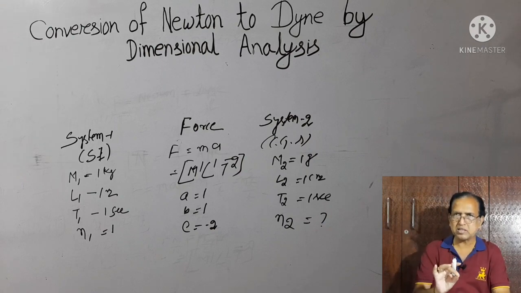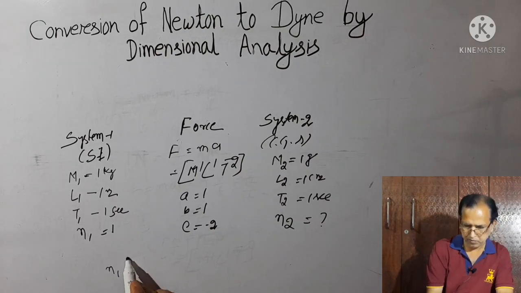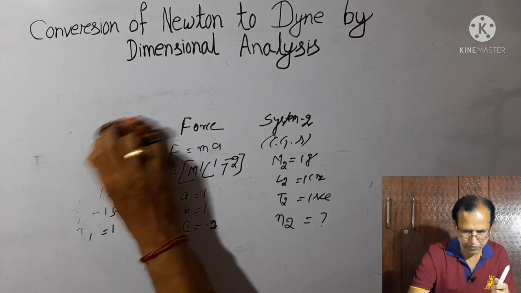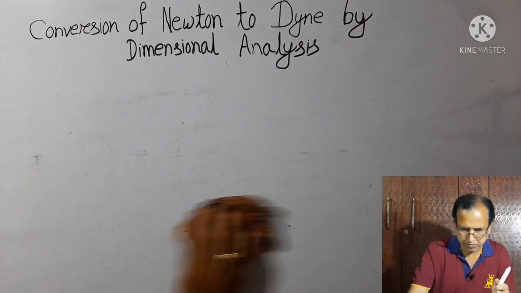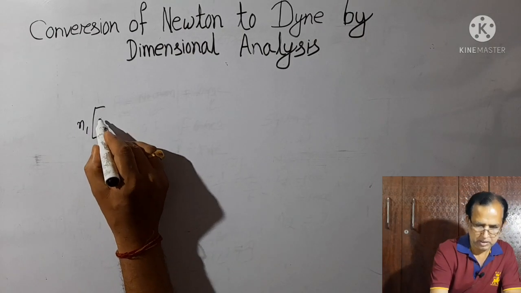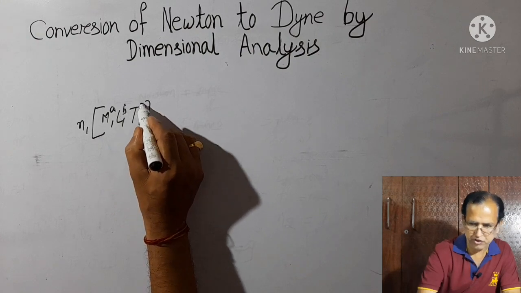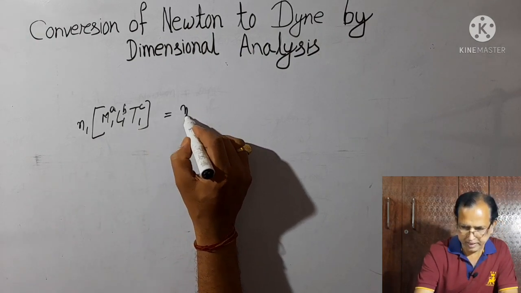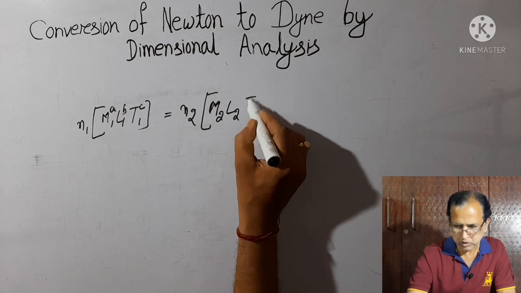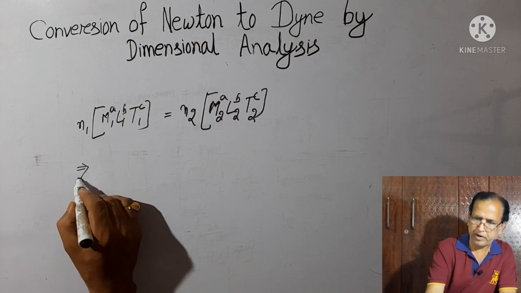As the quantity is same, N1 M1 L1 T1 to the powers a, b, c is equal to N2 M2 L2 T2 to the powers a, b, c.